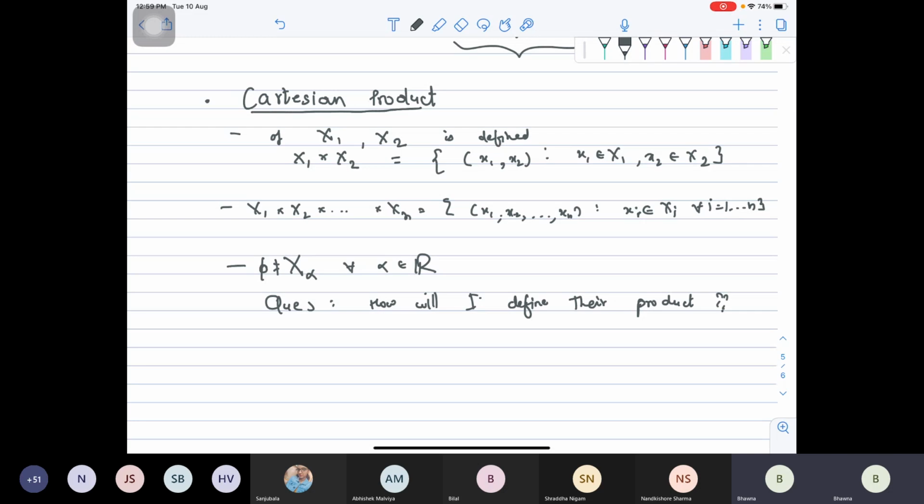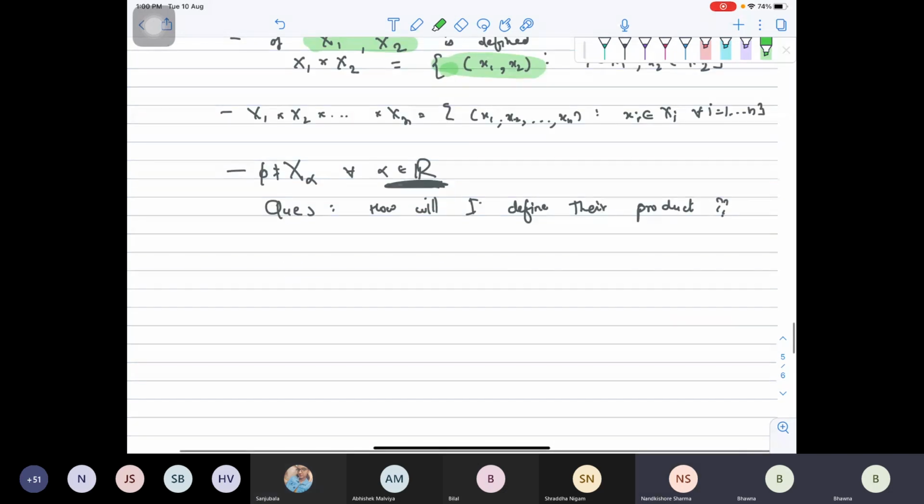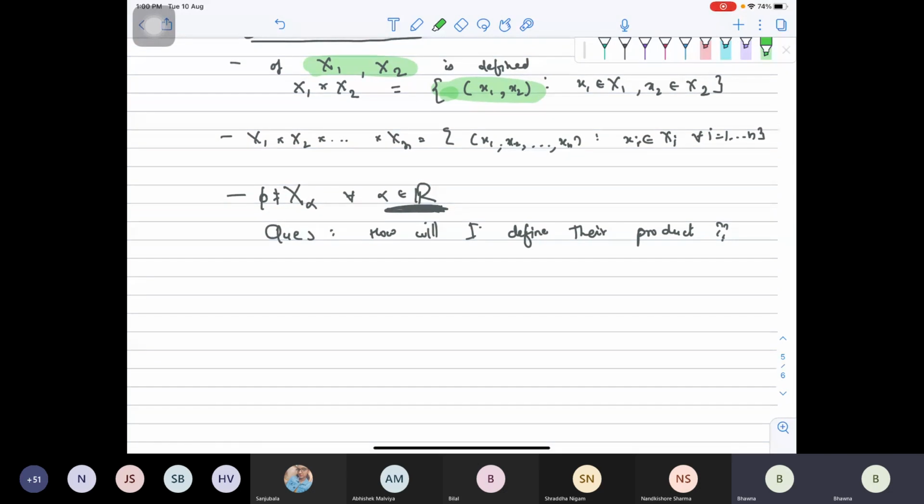Right now I have an uncountable number of sets. I don't know how to define a product because my definition of product is inherently dependent on a particular order of these sets. Because my definition is dependent on a particular order of the sets, it is impossible for me to define the product in such fashion.